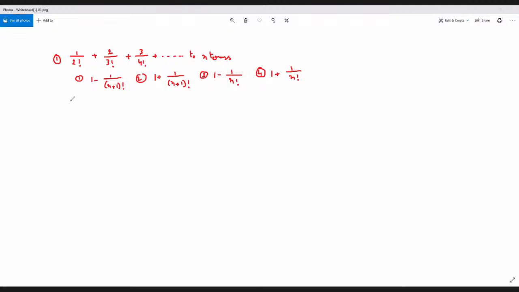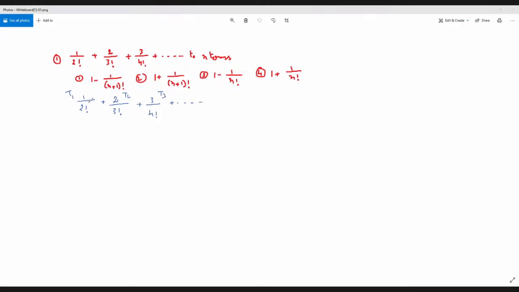So here given 1 by 2 factorial plus 2 by 3 factorial plus 3 by 4 factorial plus and so on. So here it is the first term T1, T2, T3.